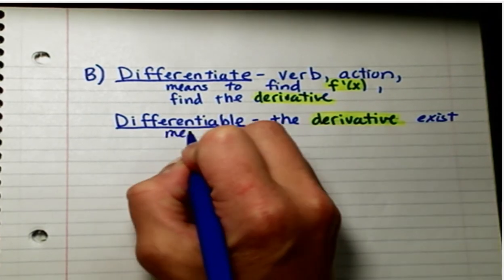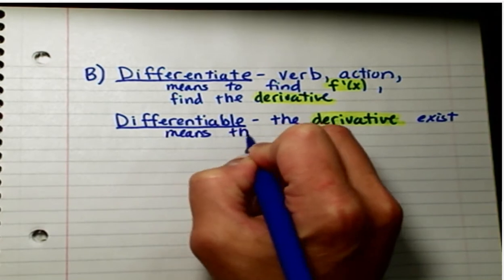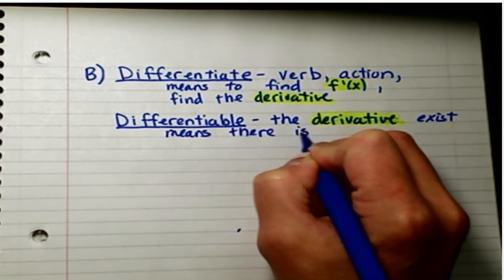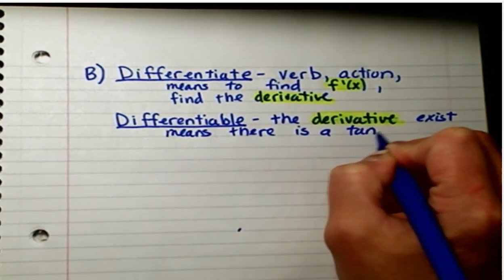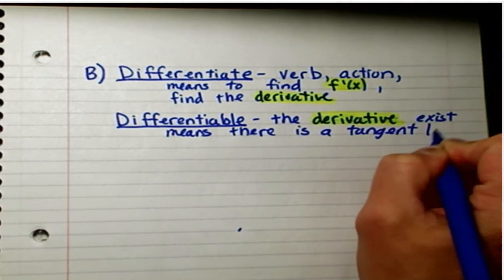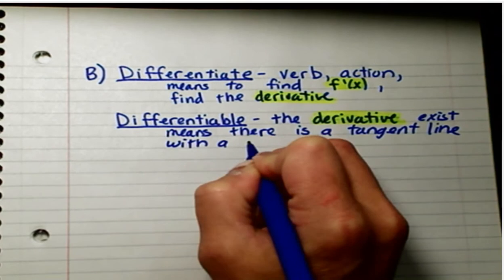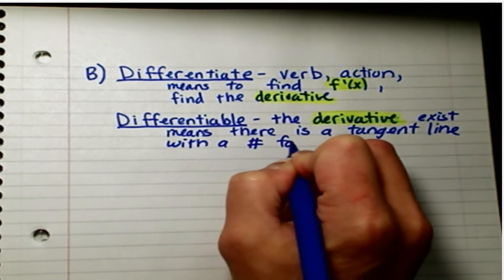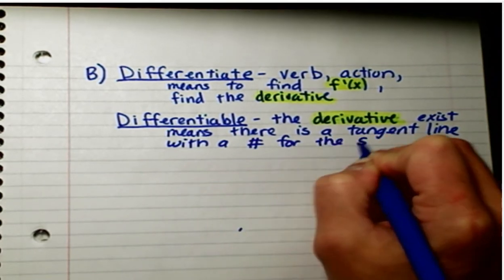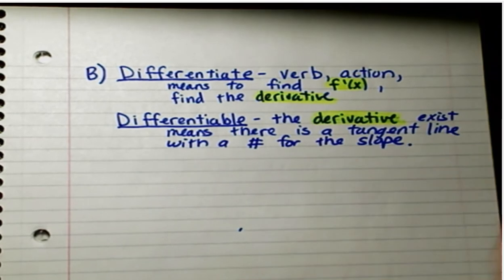Differentiable means there is a tangent line with a number for the slope. That's what differentiable means.